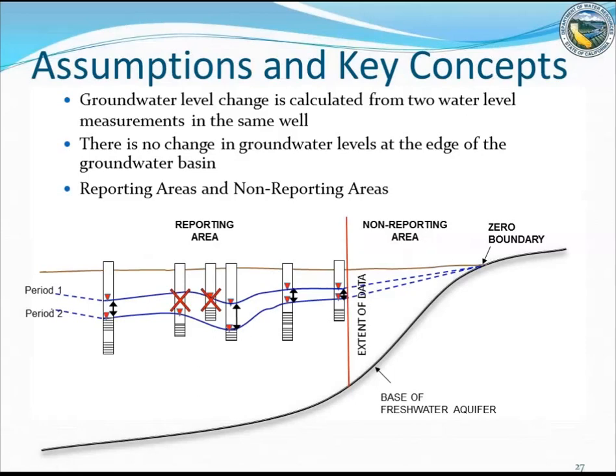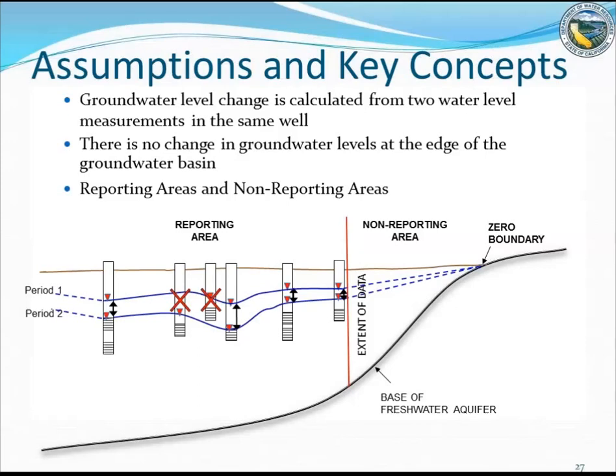So Bill, looking at your zero boundary, if it were a swimming pool, you would see the water level going down. So would that happen in this case with your zero boundary change? Well, that's why this is an assumption. In that swimming pool, we couldn't really have a zero boundary. So we're assuming that at the edge of a groundwater basin, it's not like a swimming pool, in that we don't really know where the groundwater level might be right at the edge, but we're assuming that it doesn't change.